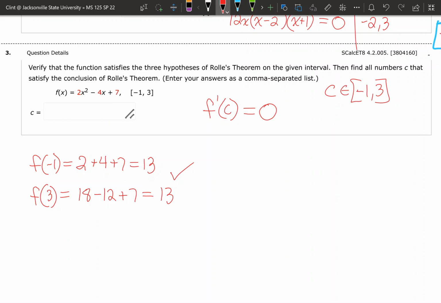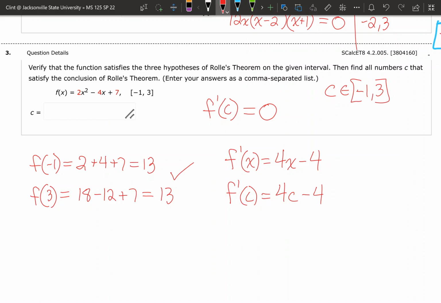So first we need f prime. This one, that's 4x minus 4. What we really want to work with is f prime of C, so we just switch x to C. And Rolle's theorem tells us there's some C in here, so f prime of C equals 0.